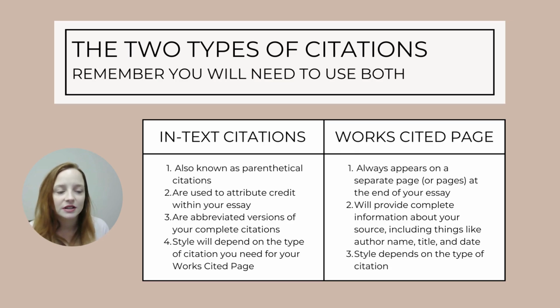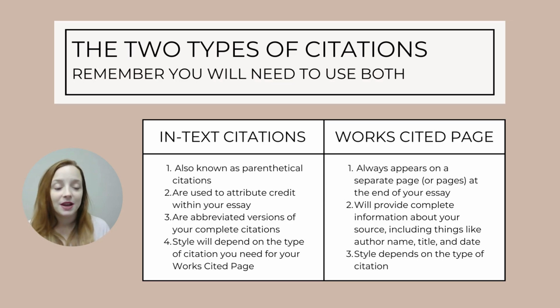The other type of citation is your complete or full citation, which appears in your works cited page at the end of your essay. Now, no matter what citation style you are using, you do need the in-text citations and the page at the end with your complete citations.